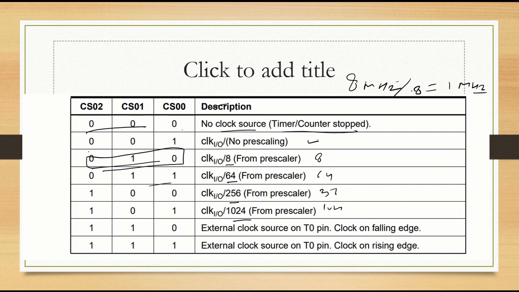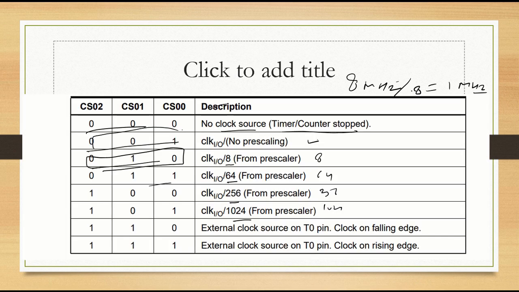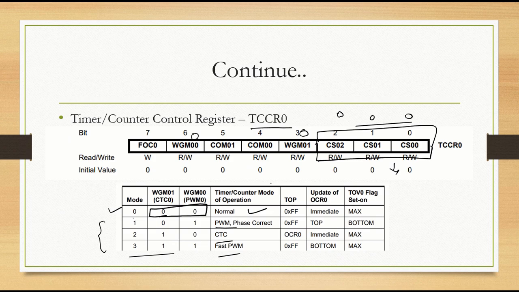So based on the requirement, we can select the appropriate prescaler from the given option. And these are the 3 bits corresponding to the prescaler value. If we write 000, then the timer counter will be stopped. And if we write 001, there will be no prescaling. The same CPU clock will be applied to the timer.